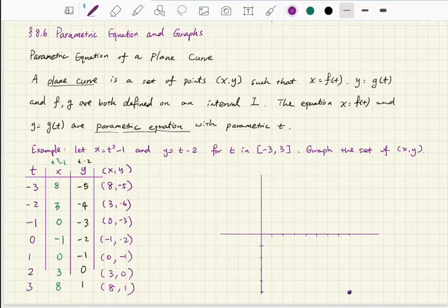The second point is going to be 3, -4. Then 0, -3, then -1, -2, and then 0, -1, 3, 0, and then 8, 1.